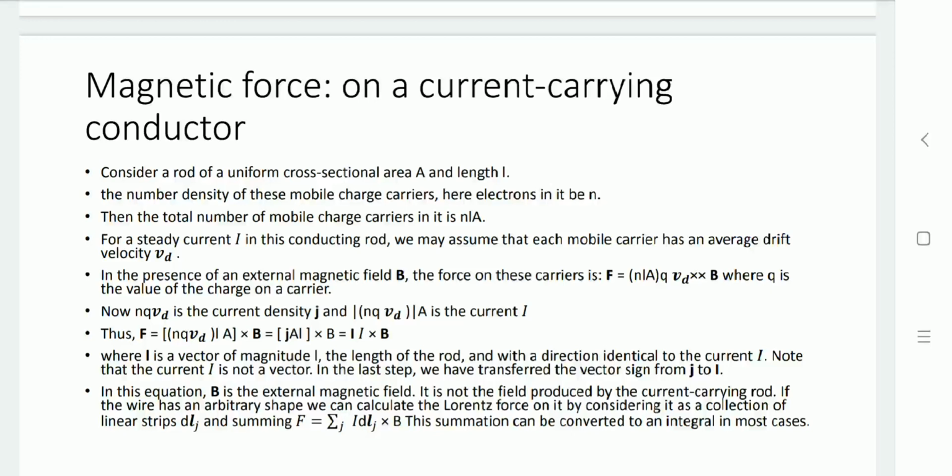So I dLj cross B, the summation of the force acting on the individual lengths of the wire, we add using superposition, or instead we can also do an integration. Integration is nothing but a summation of many terms.